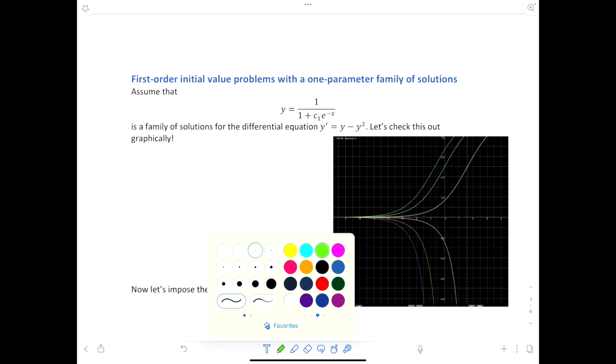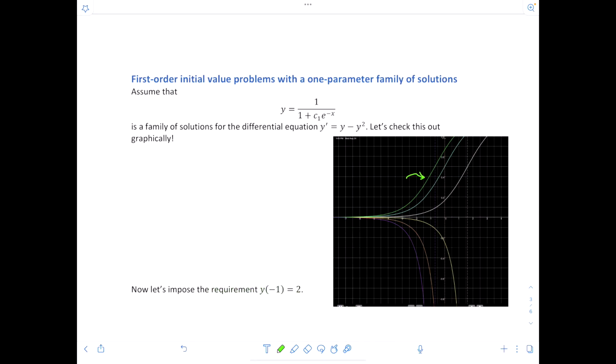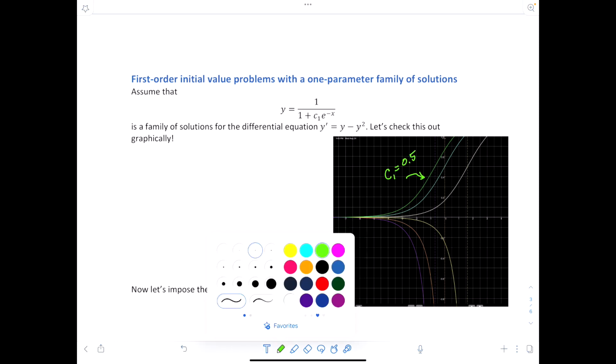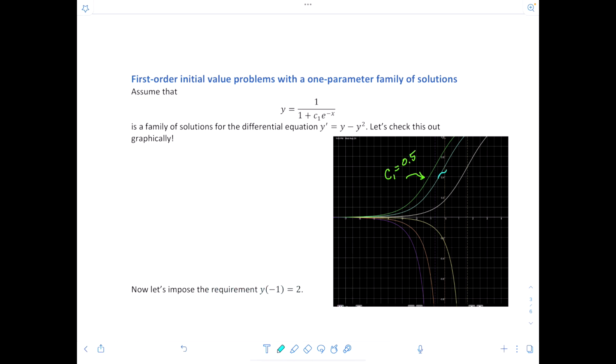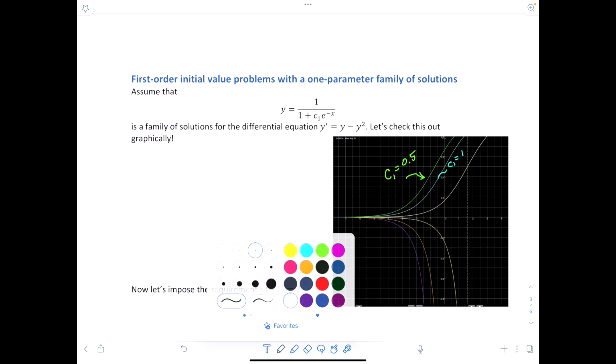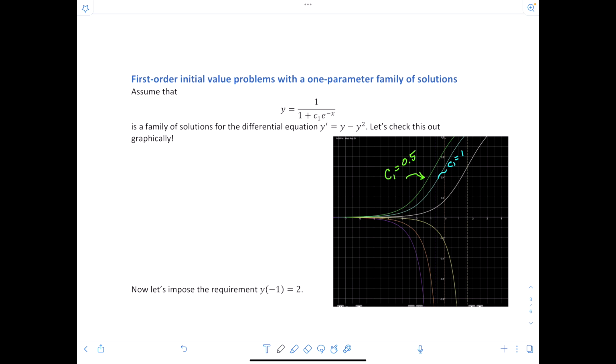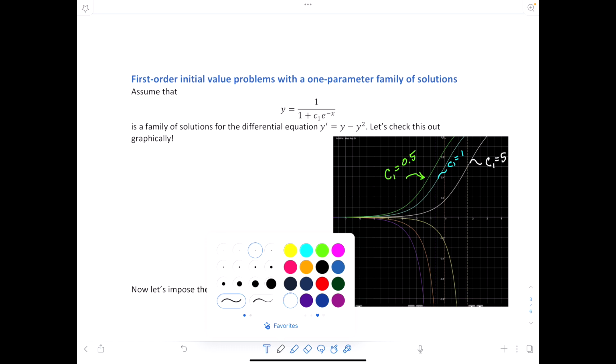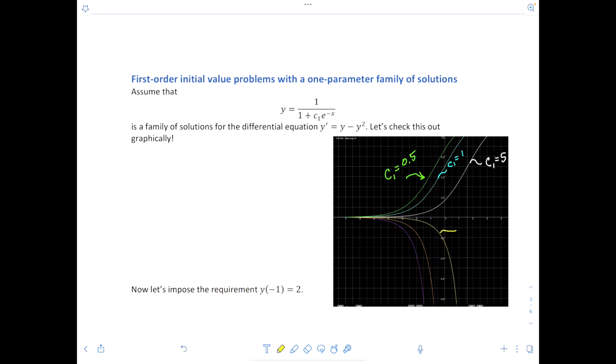All right, so I'll go ahead and copy this. This will be for C1 equals 0.5. This one is for C1 equal to 1. This white graph was for C1 equal to +5. And then the yellow, C1 equal to -5.